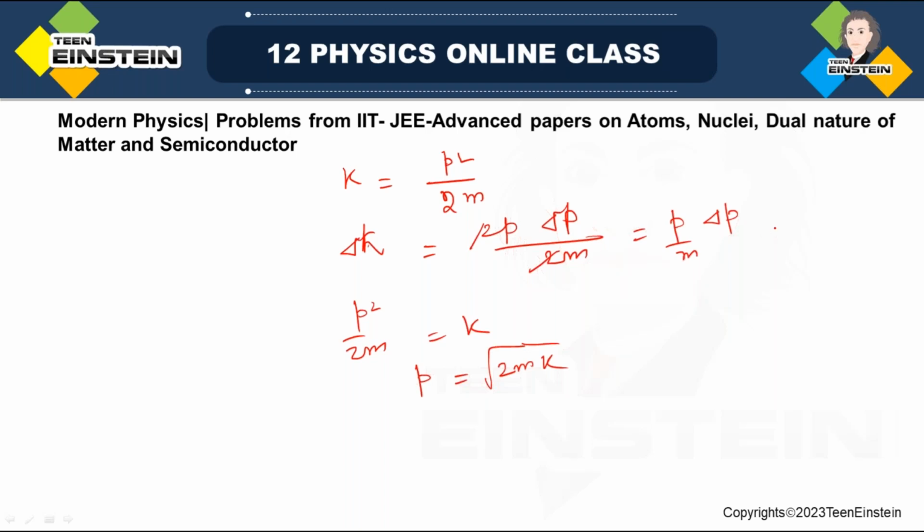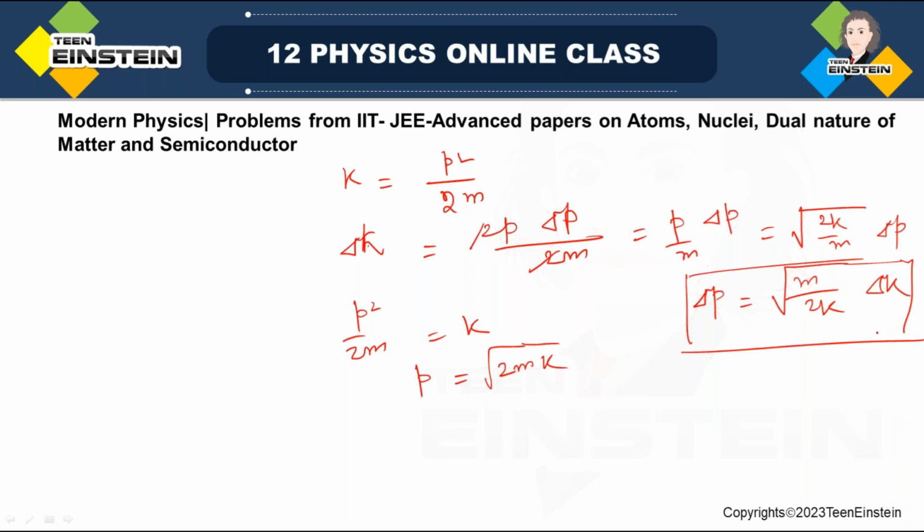If we put it here, it will be root over 2K by m into delta p. So delta p will be root over m by 2K into delta K. This is the change in the linear momentum.